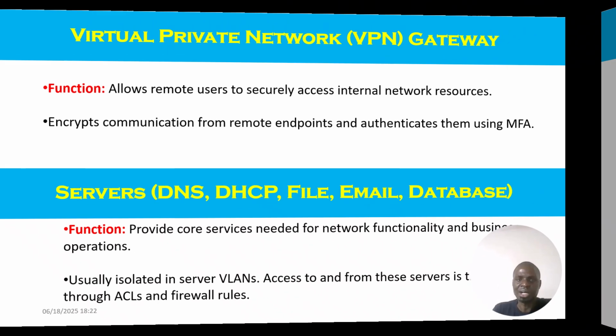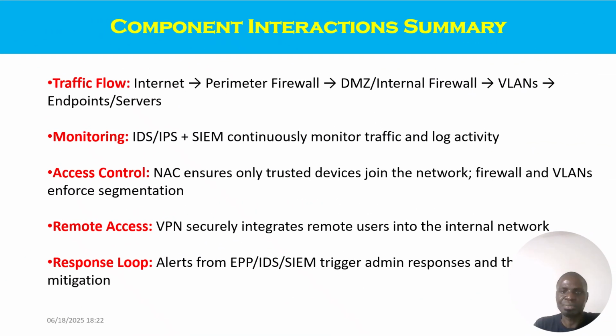And we want to look at the components of interaction, or summary. For the traffic flow, there is the internet, perimeter firewall, DMZ, internal firewall, VLANs, endpoint servers, and so on. For monitoring, we have IDS, IPS, SIEM, which continuously monitor traffic and log activity.